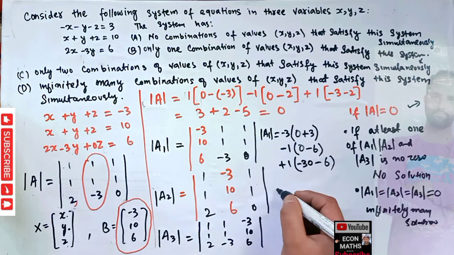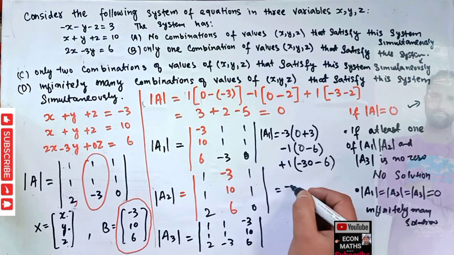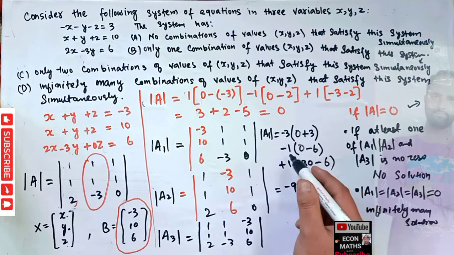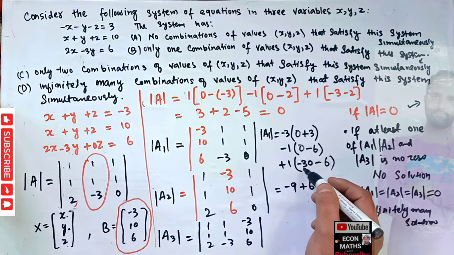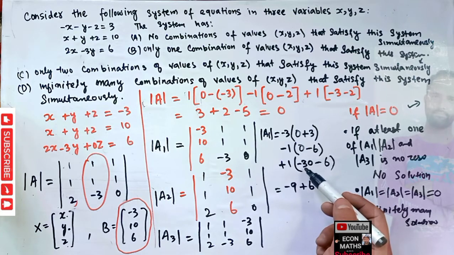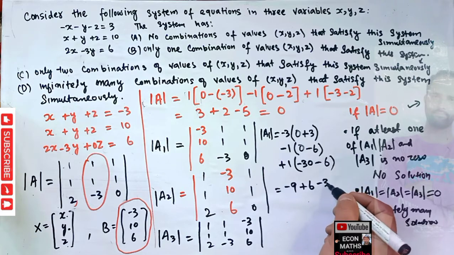So let us see what comes out as the determinant here. So 3 times 3 is 9, we get here -9. Here we have plus, -1 into -6 is +6. Then we have -30 into -30 minus 6 is -36.